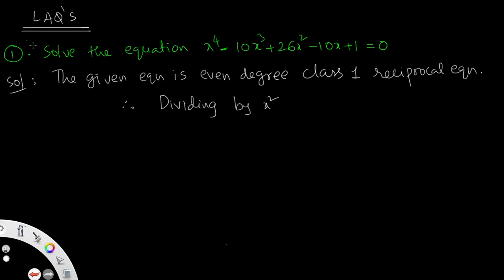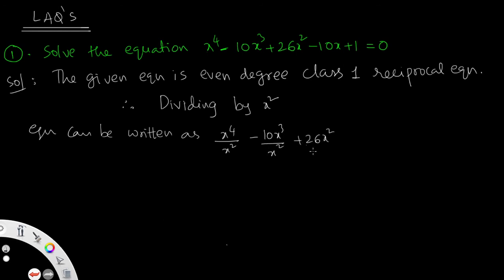So the given equation can be written as x to the power of 4 by x square minus 10x cube by x square plus 26 x square by x square minus 10x by x square plus 1 by x square equal to 0.